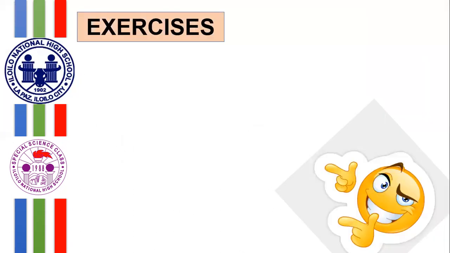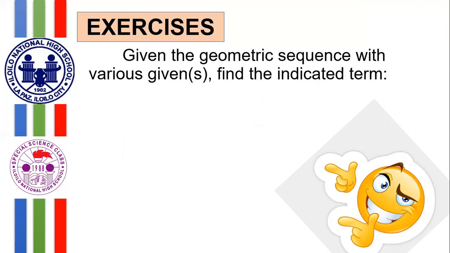Exercises. Let's have the following. Feel free to pause the video from time to time and solve the problems and confirm if you got the correct answer. Given the geometric sequence with various givens, find the indicated term. A sub 1 is 5, n equals 4, your common ratio is -3, and you're looking for a sub 4, or the fourth term.